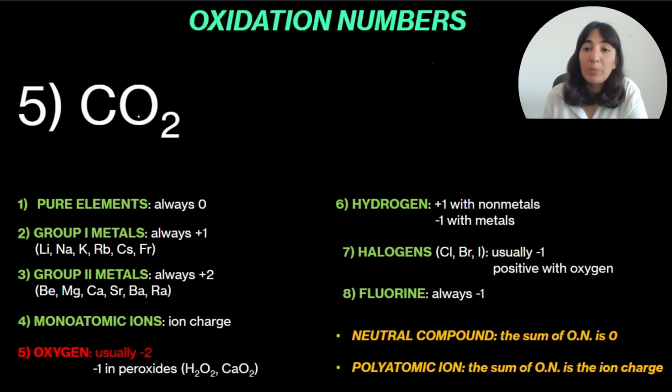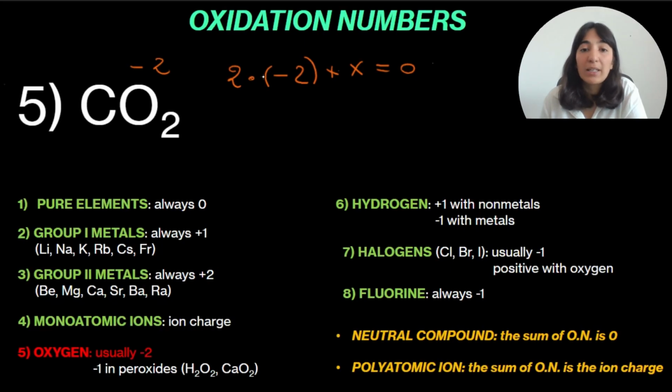CO2, it's not a peroxide, so oxygen has an oxidation number of -2. And now we have to find the oxidation number of this carbon. We write our equation, we have two oxygen, so we write 2 times -2, which is the oxidation number of oxygen, plus X, which is the oxidation number of carbon, equals 0, because this is a neutral compound, it has no charge.